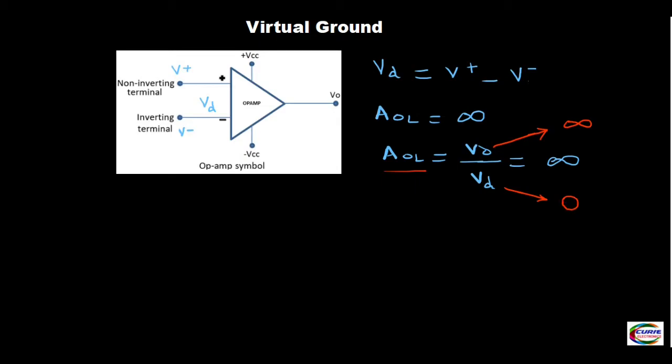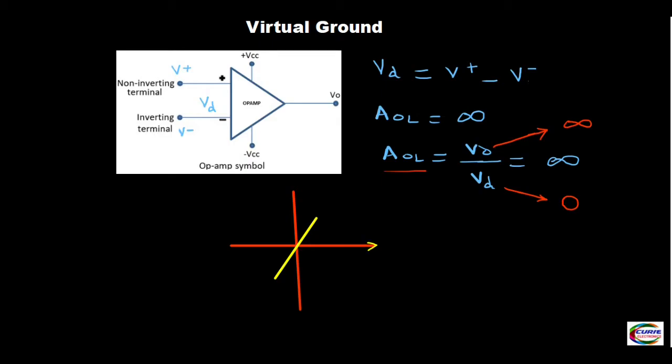Is it possible for the op amp output voltage to be infinite? Let's see the transfer characteristic curve. Let this be the transfer characteristic curve of an op amp.